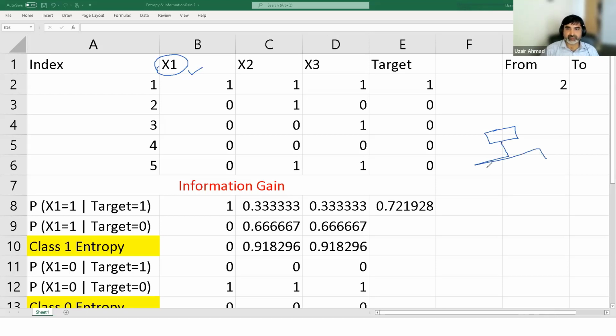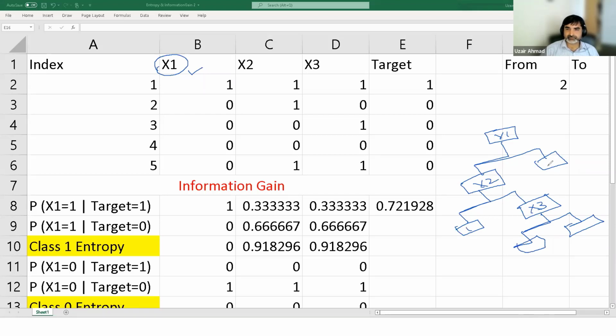And then after we split our data, which will be the next variable, and then the next variable, and then next, like this. So at the end, we want to look at all variables one by one so that they can give us a decision about class.